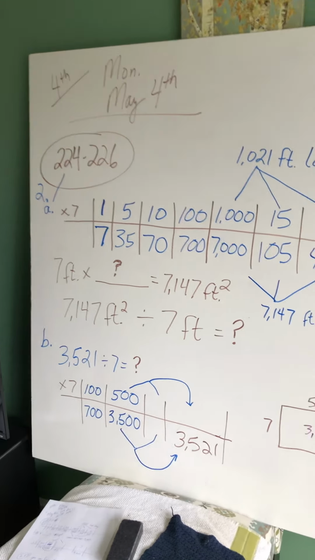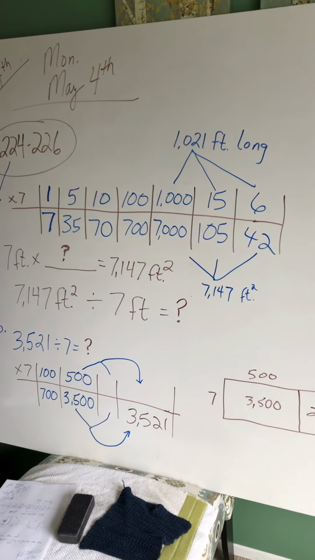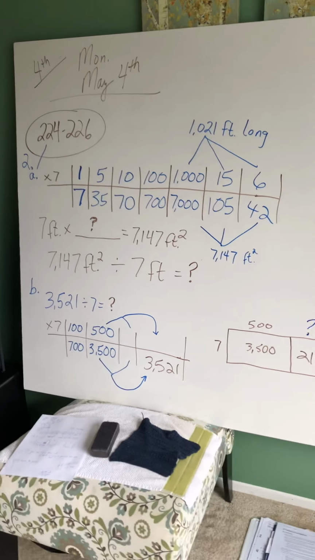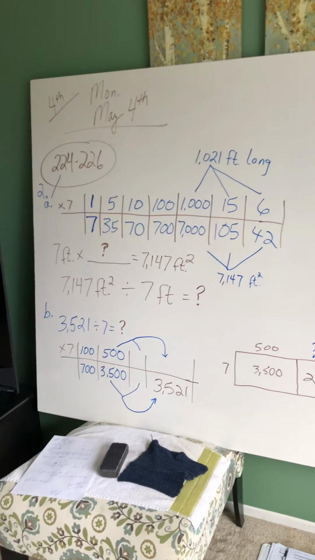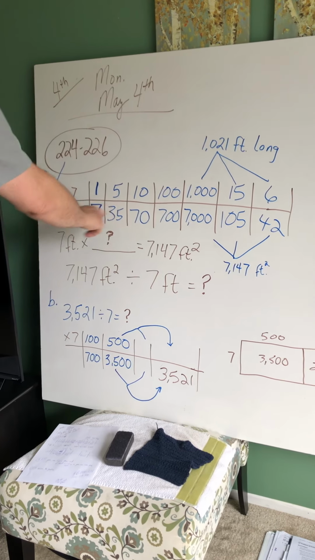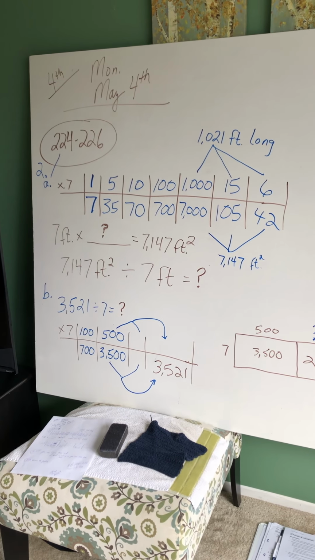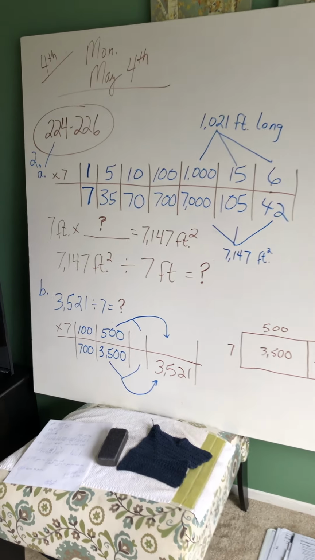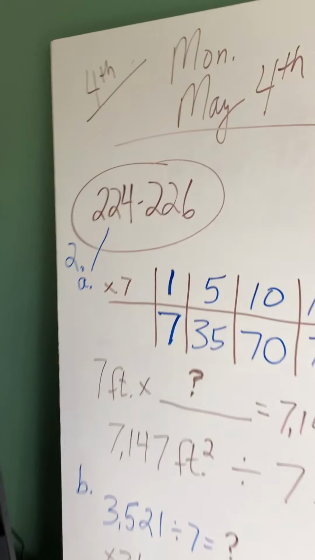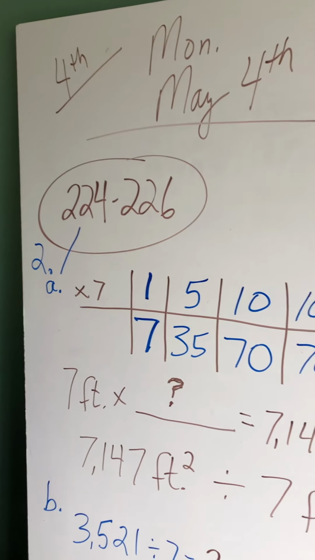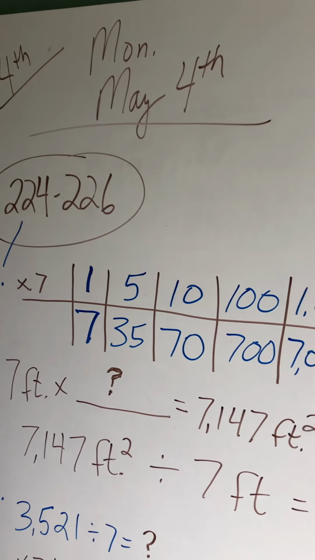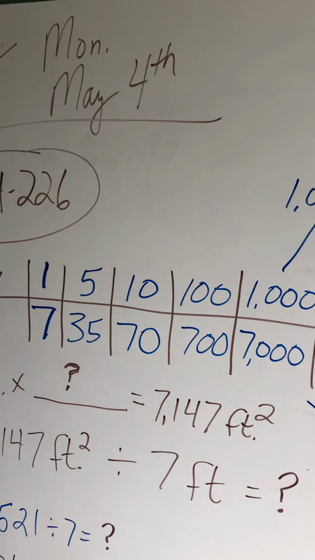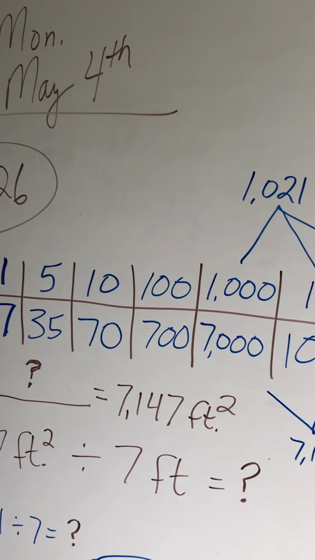They're talking about problems. For instance, number 2 on 224, so I'm reading number 2. Use an array or a ratio table to model and solve problems 2A and 2B. Show all your work. So A says, a paved bike trail has an area of 7,147 square feet.